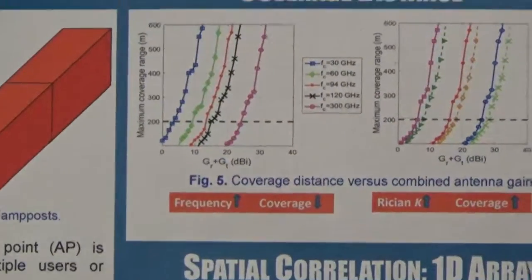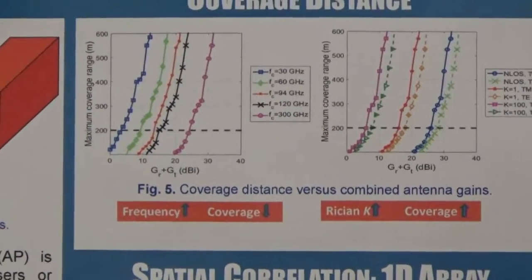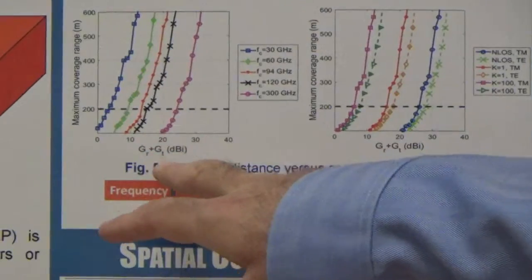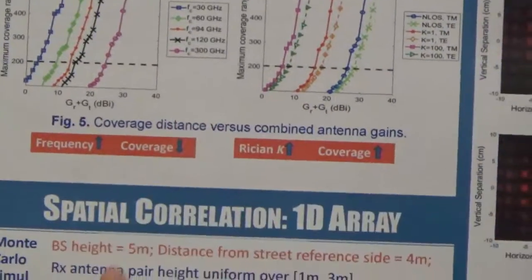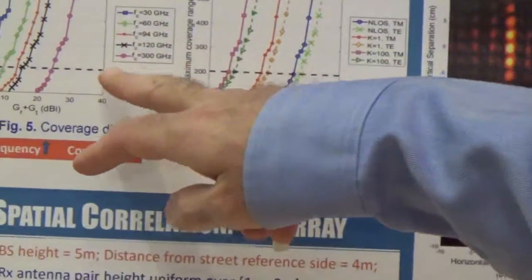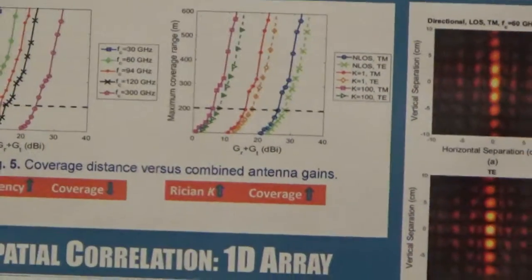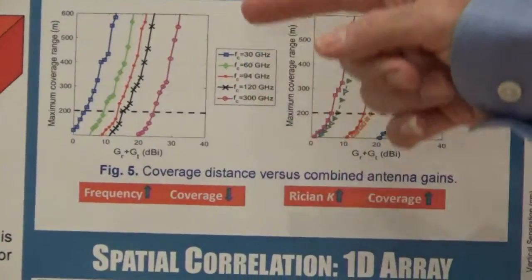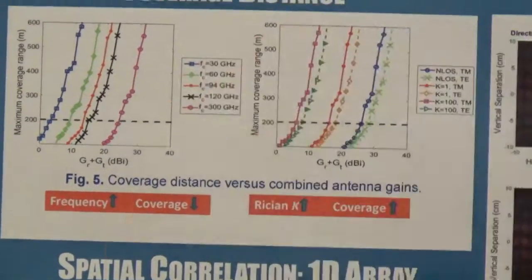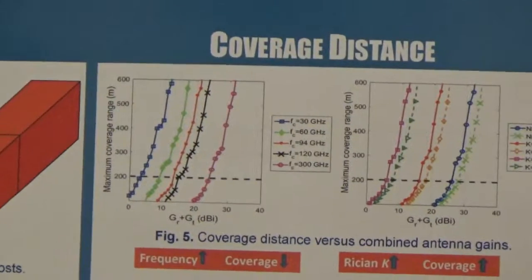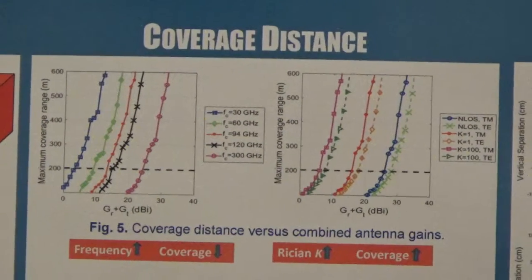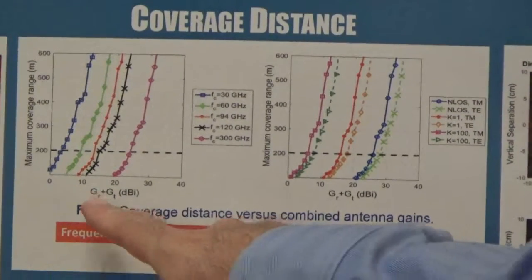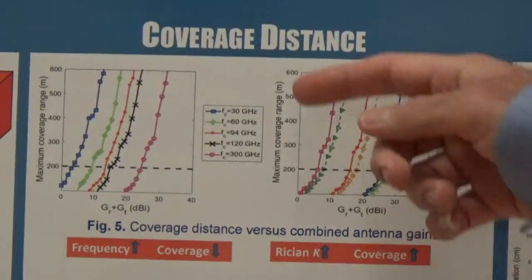Here, the coverage distance that they aim to get is 200 meters. Here, I have plotted the combined gain that is required to achieve this 200 meter coverage distance, and concluded that we can achieve 200 meter coverage distance using a reasonable combined gain at the transmitter and receiver in the millimeter wave range.